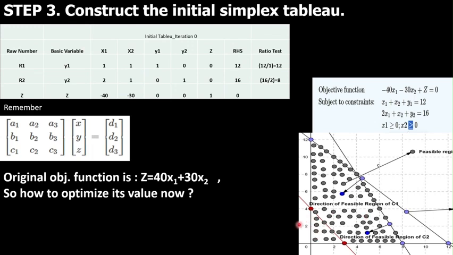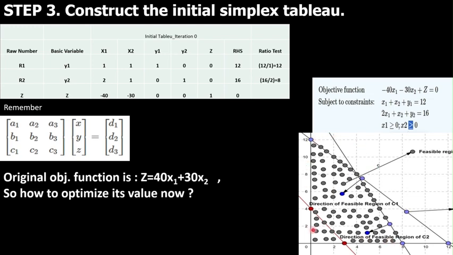And I forgot to say, we start in the initial tableau at the origin, x1 and x2 equal 0. There is a fundamental theorem in linear programming which states that the solution for a linear programming problem lies on a corner point, or an extreme point.